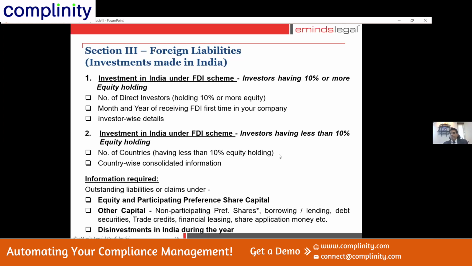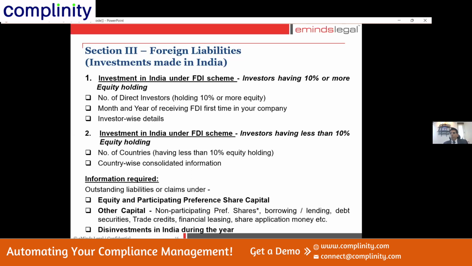So you might have certain related parties which do not have any equity participation, right? For example, you have a fellow subsidiary in Germany with which you have certain trade relations, and you have to pay trade liabilities to that company. So you have to consider that also when you consider the number of countries.